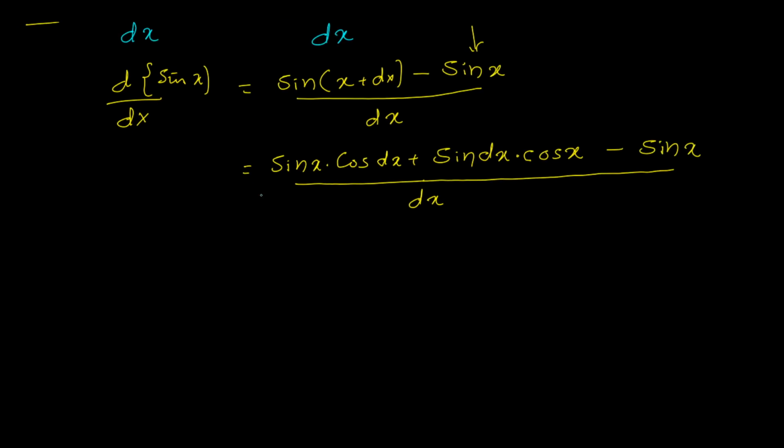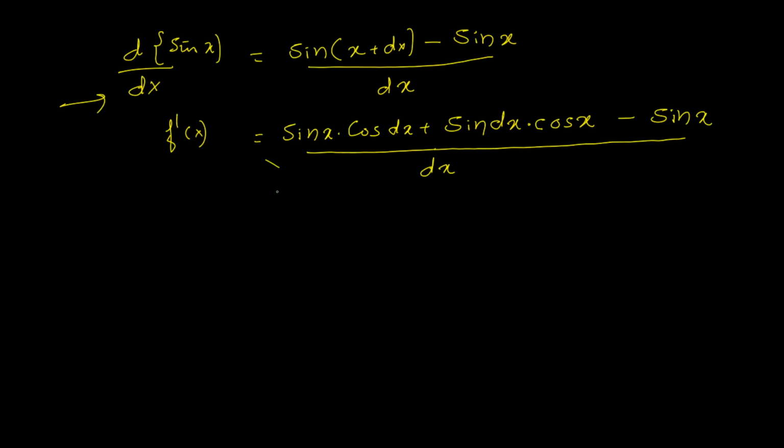All right, so that's what I'll call f dash of x now. It's understood that it is with respect to x as clearly mentioned in the question. So f dash of x now is equal to, but before I can proceed any further, this has a lot of dx's in it.